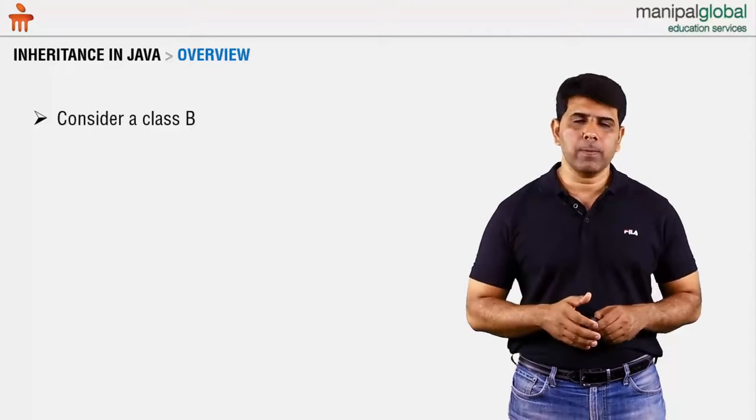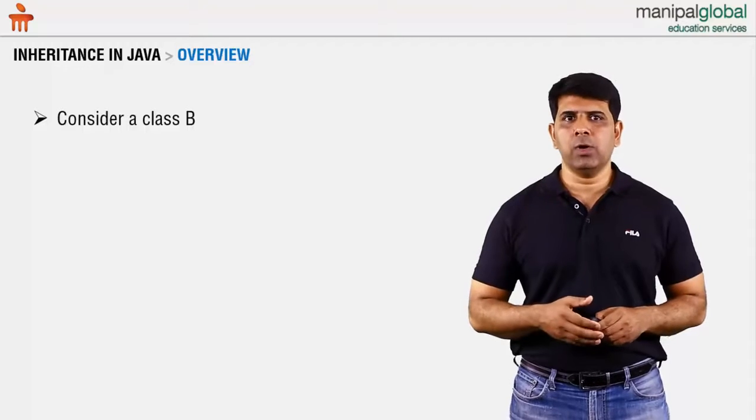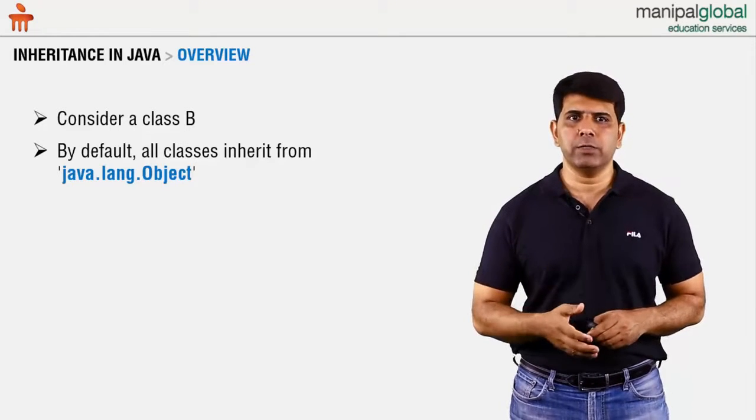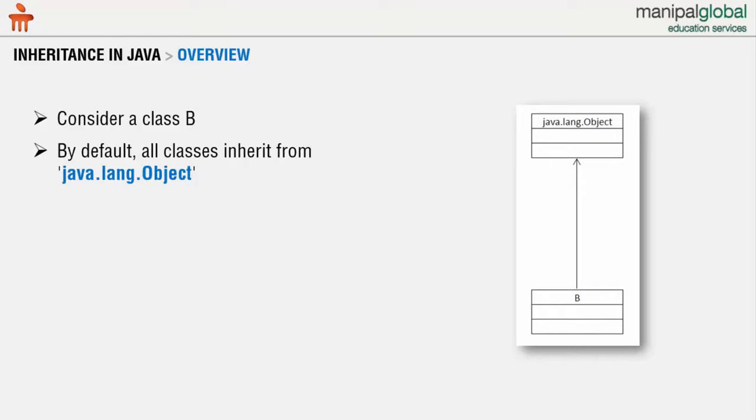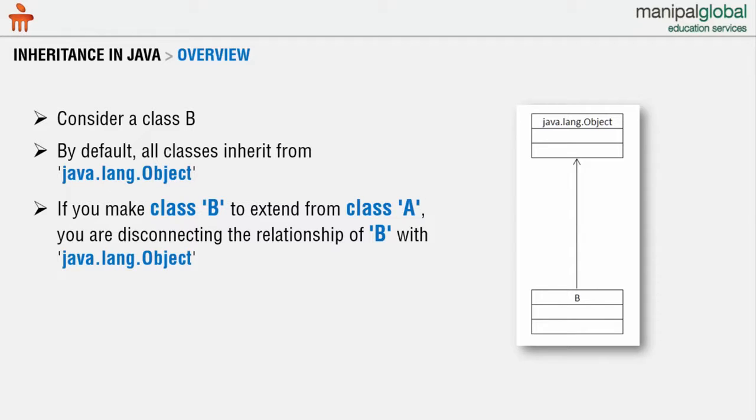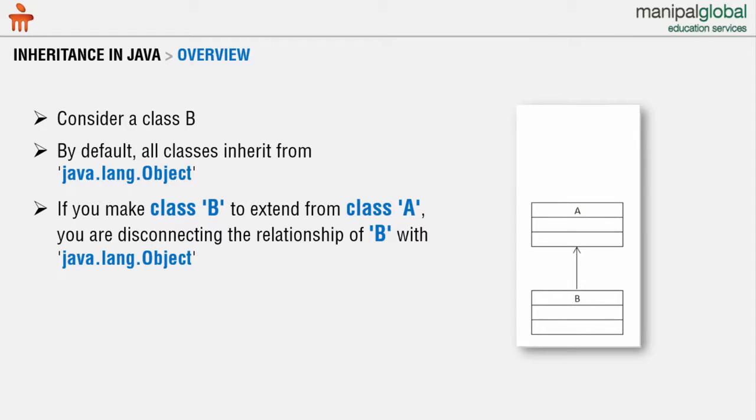Consider a class B. Every class in Java automatically inherits from java.lang.Object. But if you say class B is an extension of class A, then you're actually disconnecting the relationship of class B with the Object class, because now there is a different base class or superclass.